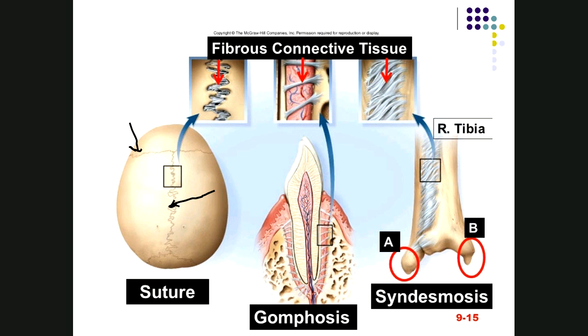That's the lambdoidal suture. And when we look at the sutures, we're going to see little fibers holding the bones together. Same thing's true for a syndesmosis. We're going to see fibers holding the bones together. And the same thing's true for a gomphosis, which is at your teeth. Again, we're going to see fibers holding the bones together, or the tooth and bone together. They're all fibrous joints.